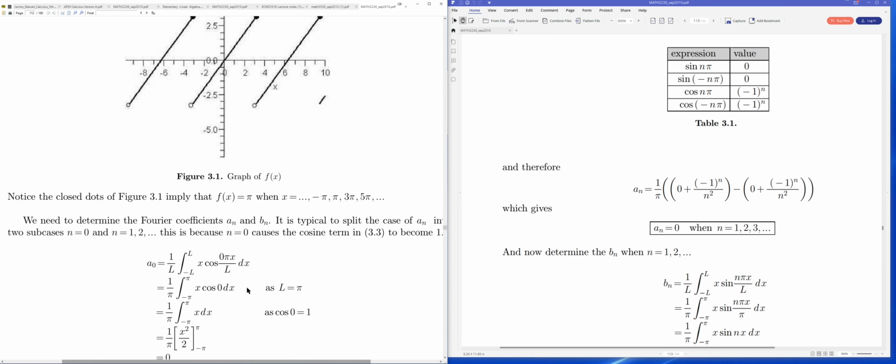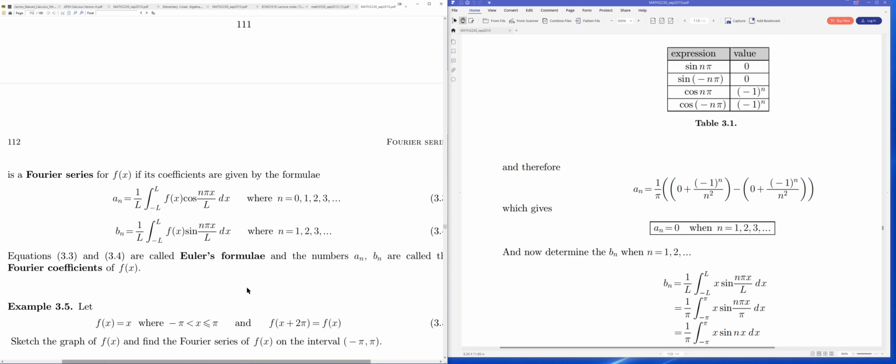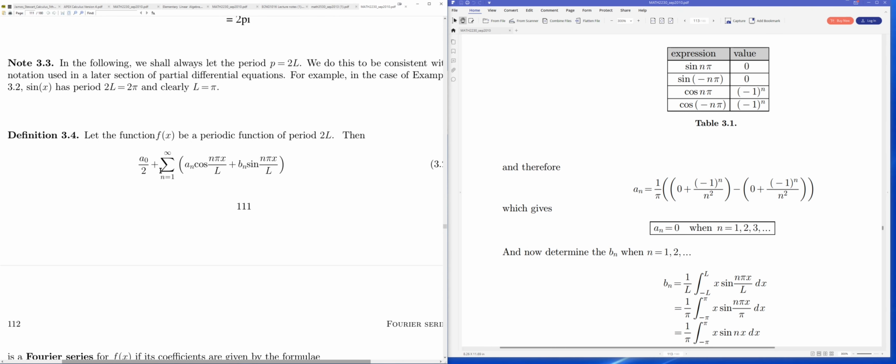So what that is telling me in this particular Fourier series is that a_0 and the a_n's are all going to be equal to 0. So the Fourier series that I'm going to get will just involve sine terms. Okay, so I still need to calculate the b_n.